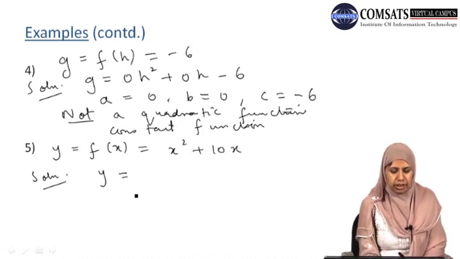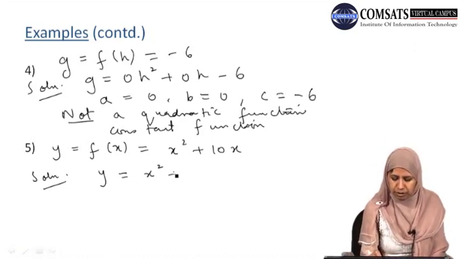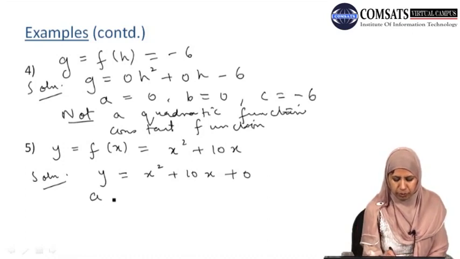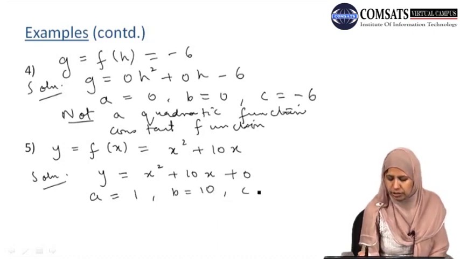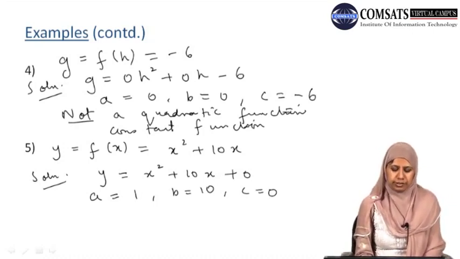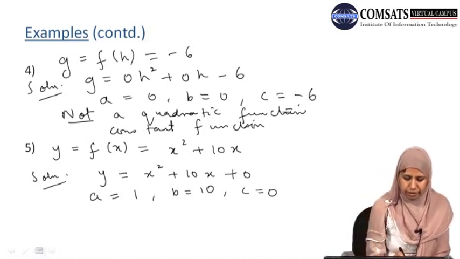So we can rewrite our given function y as x square plus 10x plus 0. Okay, comparing, we obtain a is equal to 1, b is equal to 10, and c is equal to 0. Since the coefficient of x square is different from 0, the given function is an example of a quadratic function.